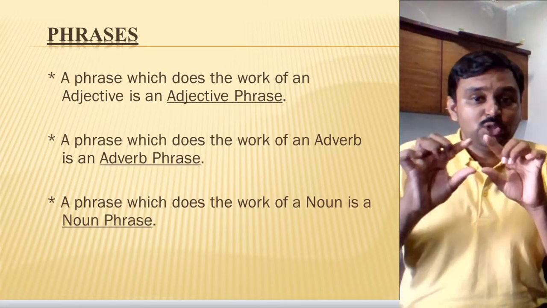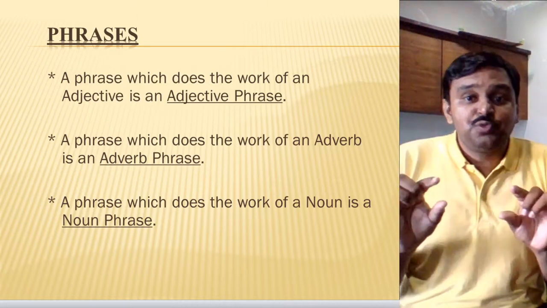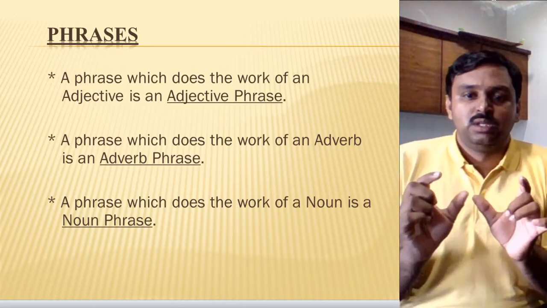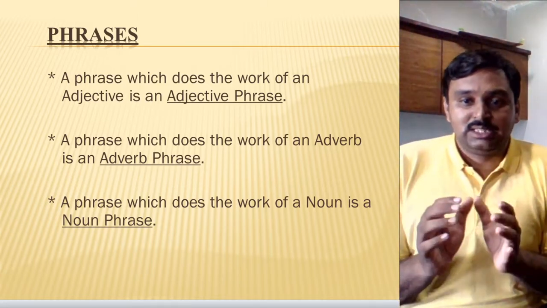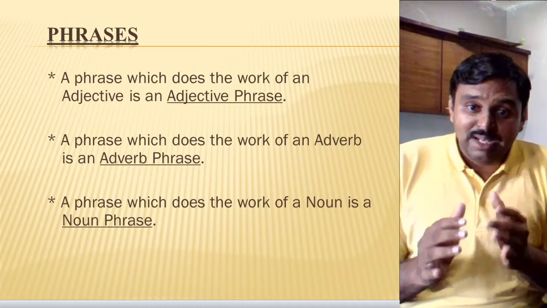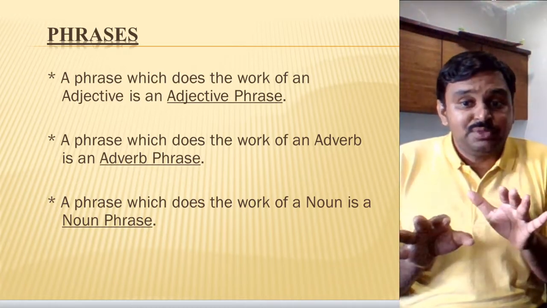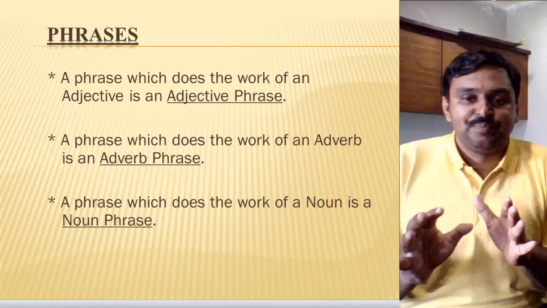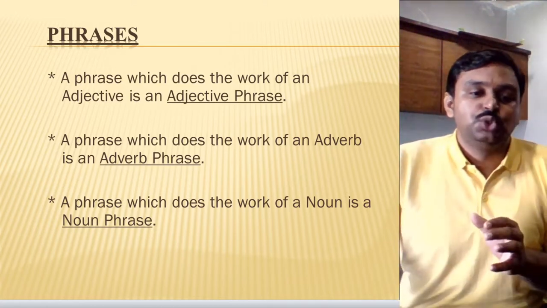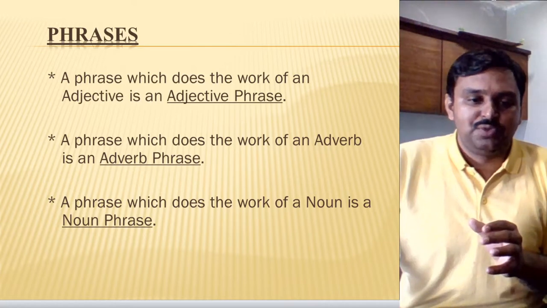All the group of words used in a noun phrase are a noun. So when they are a noun, at that time we can call them a noun phrase only. This is the important thing to note about noun phrases.